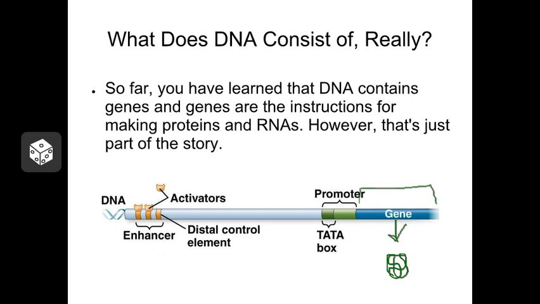Now, while that's true, it turns out that genes are actually a very small percentage of the total DNA. Between the genes, there are these long sections of DNA that don't code for anything. Scientists used to call this DNA junk DNA when they didn't really understand what it does. And now we have more of a clue about what it's for. So let's explore that in more detail.